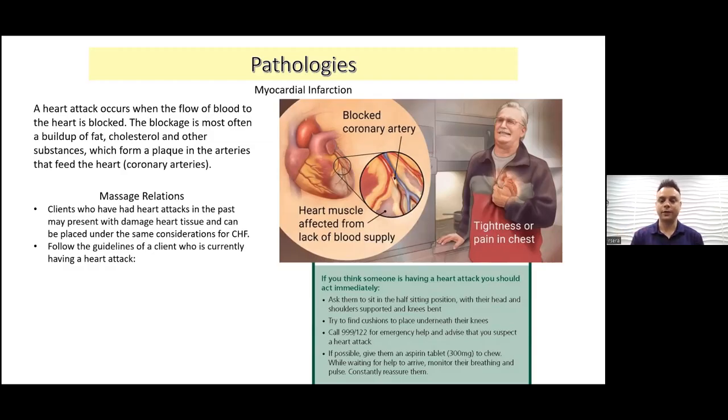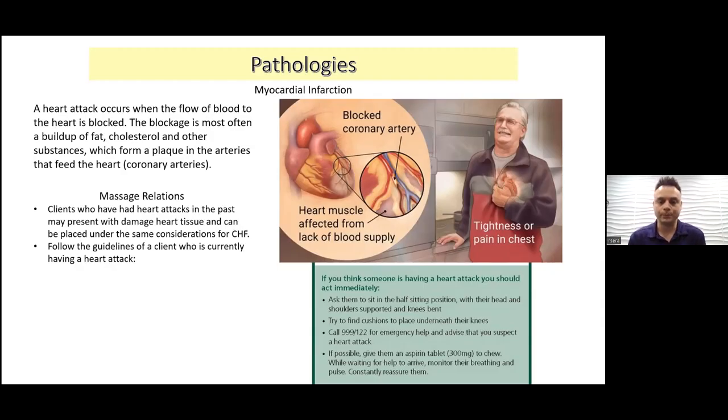And now all of a sudden we have no blood flow going to that part of the heart, and tissue is starting to die. So, clear signs of a heart attack is usually deep pressure, pain in the chest, numbness, tingling going into the left arm, could be faint, could be just feeling like the world's ending, all that good stuff.